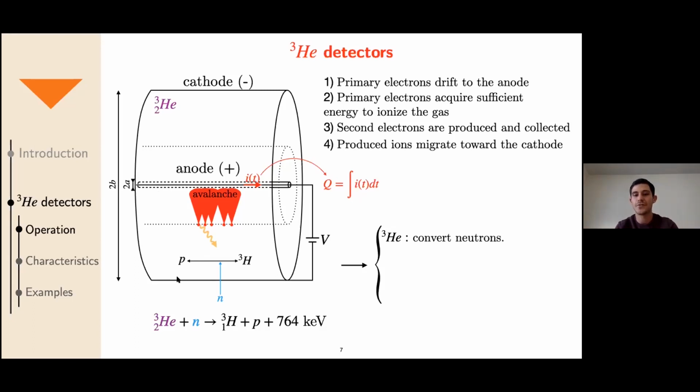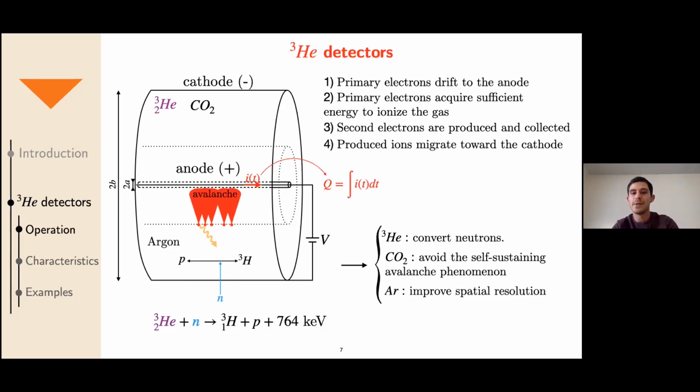These new electrons will have to drift from the cathode to the anode for a long time, and they could create a new photon, which will create new electrons, and again and again. So we're going to use a quencher gas, for example CO2, to avoid the self-sustaining avalanche phenomenon.